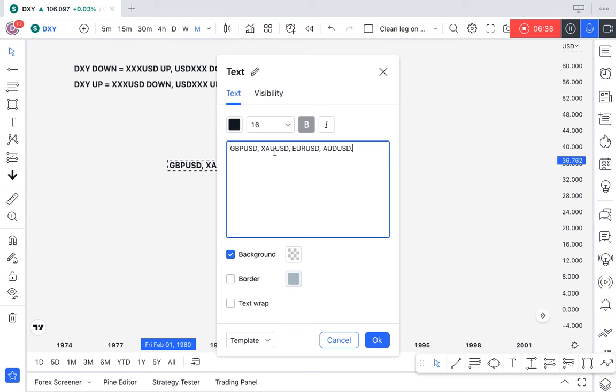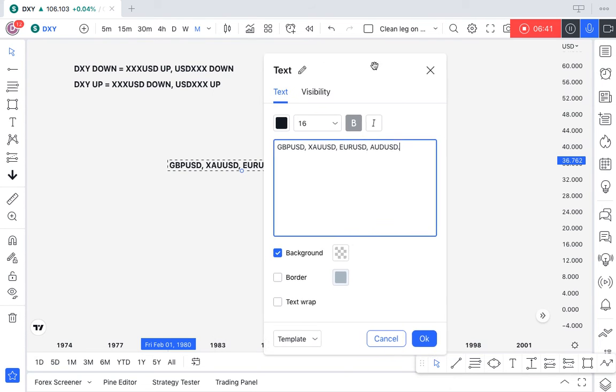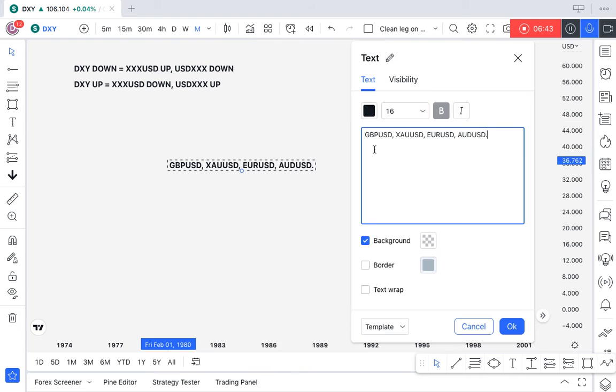I trade just the majors. So if the DXY is heading down, this is actually going to go up. You'll be seeing some sort of bullish momentum across GBP USD, EUR USD, AUD USD, and gold.